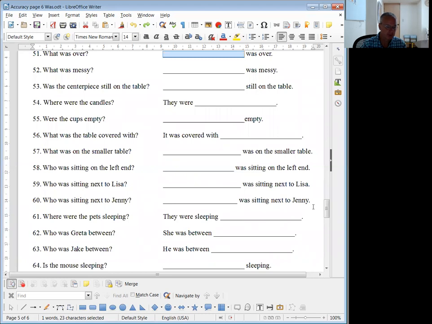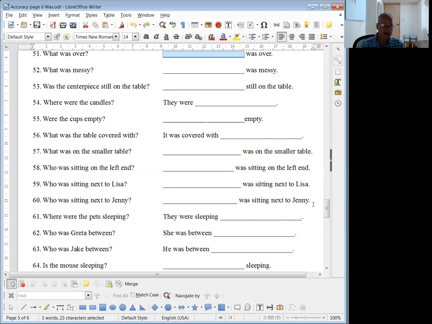It has been moved to a smaller table. The plates and cups are empty. Everyone was hungry and thirsty. They have all moved to a different seat.